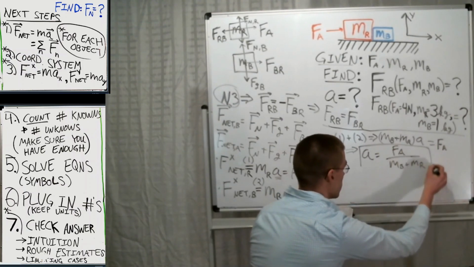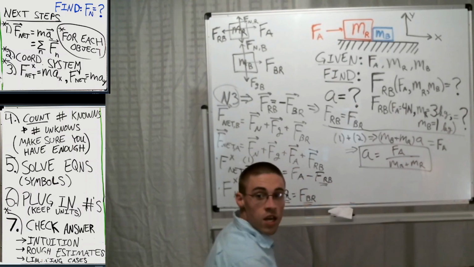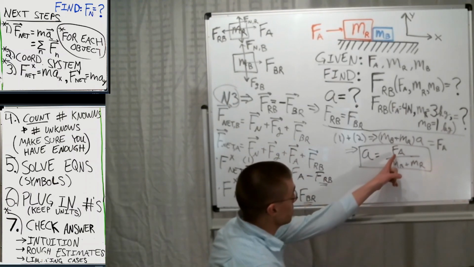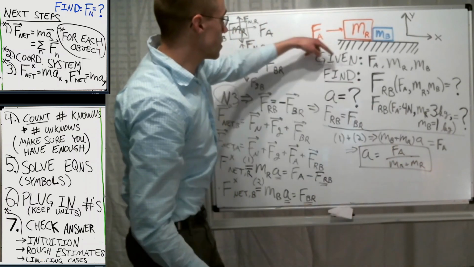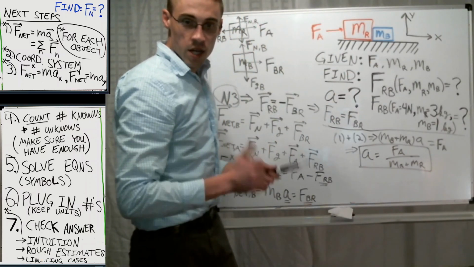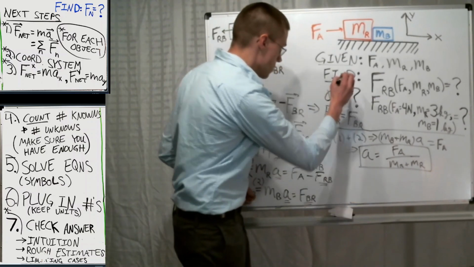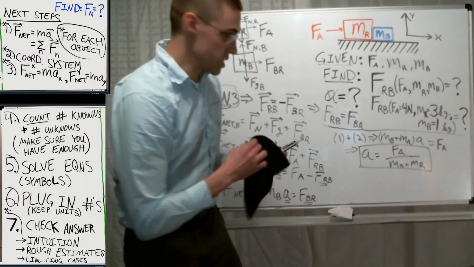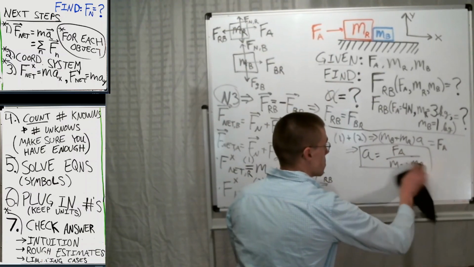I have an acceleration in terms of the force and the two masses, which I was supposed to take to be given. So, acceleration, done. All right, I'm going to erase this because I need some more room.